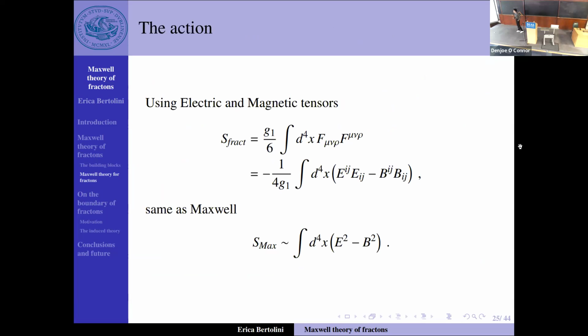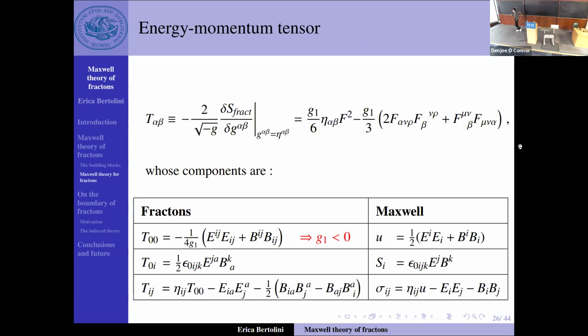We can do the same by looking at the action, and that one, in terms of the electric and magnetic field, remains strikingly like Maxwell theory. Also, computing the energy momentum tensor as a variation of the metric, we have the energy density of the theory, which matches one of the ingredients of fractonic models, and it allows us to constrain the coefficient of the theory, because we want a positive definite energy density.